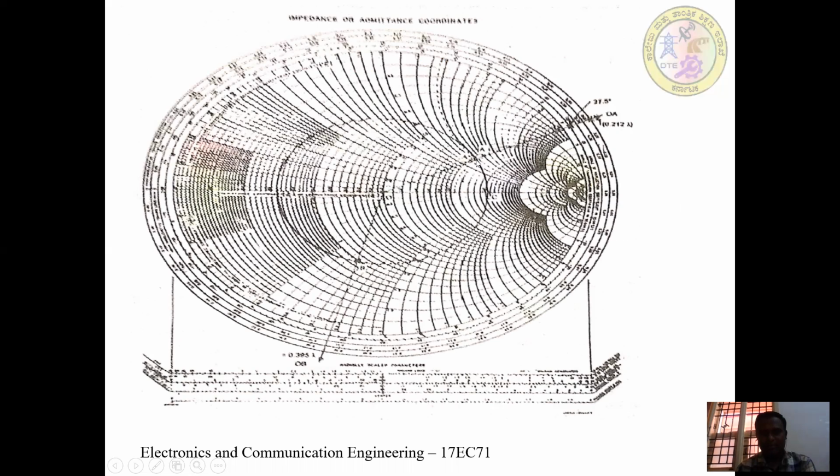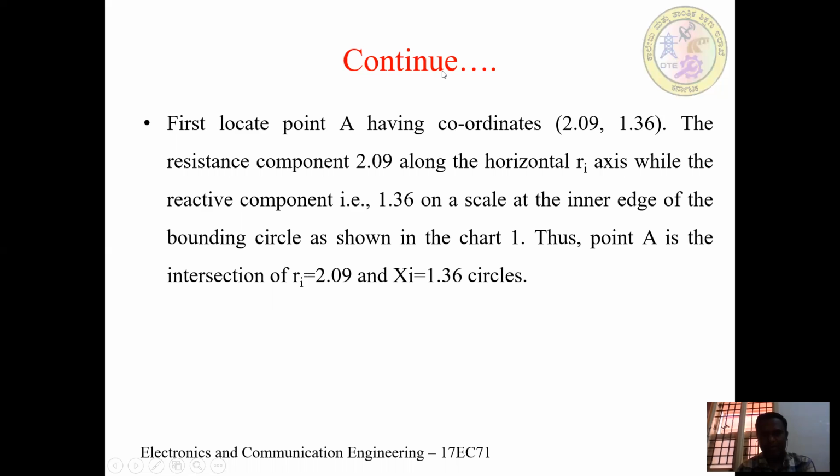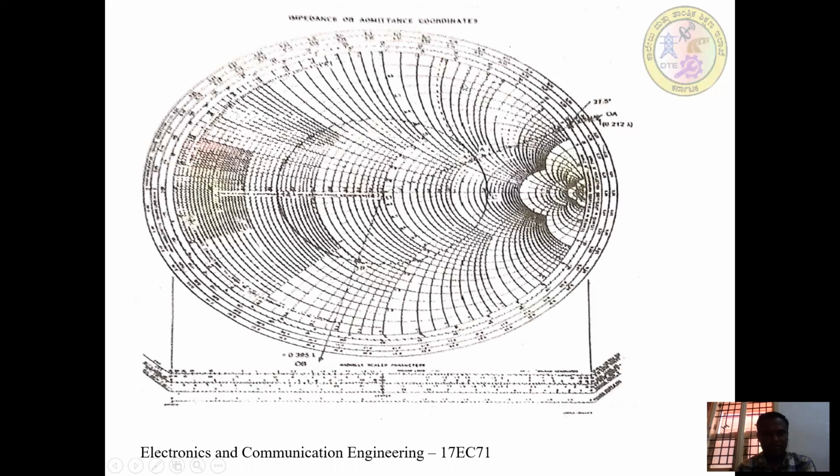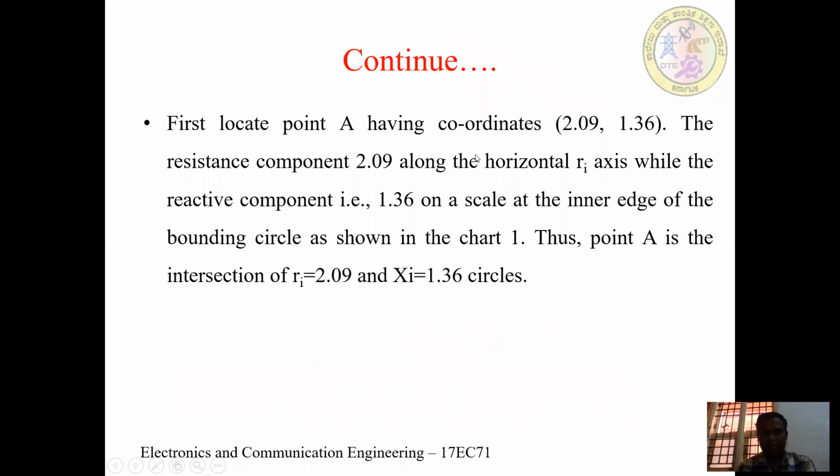This is the point A. Along the horizontal 2.09, and the inner circle which represents 1.36, the point A fits here. So this is the point where you need to locate this normalized load impedance.